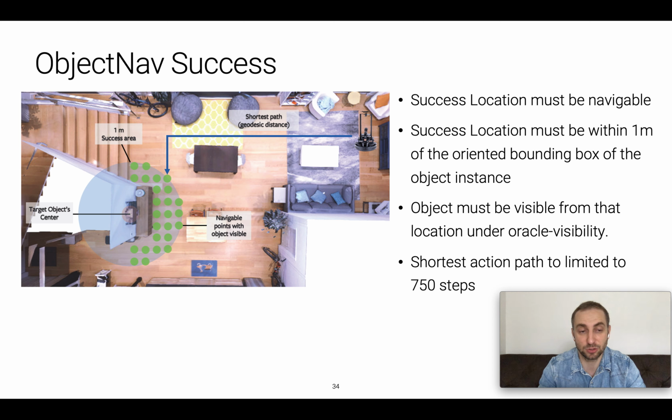Shortest path action is limited to 750. So as you can see, locations around the wall are not success, even if they are within 1 meter proximity to the target, because it's hard to interact with the target object from these locations.